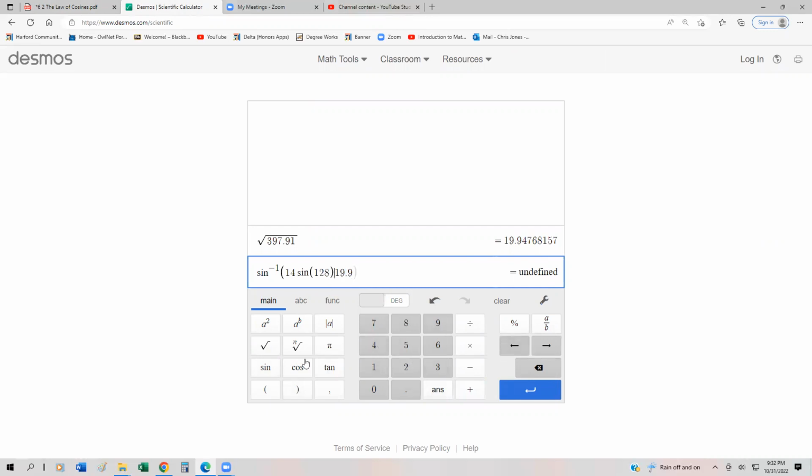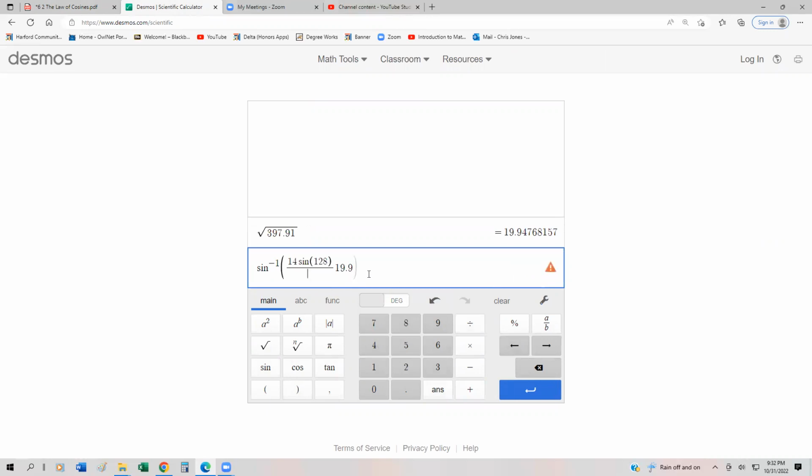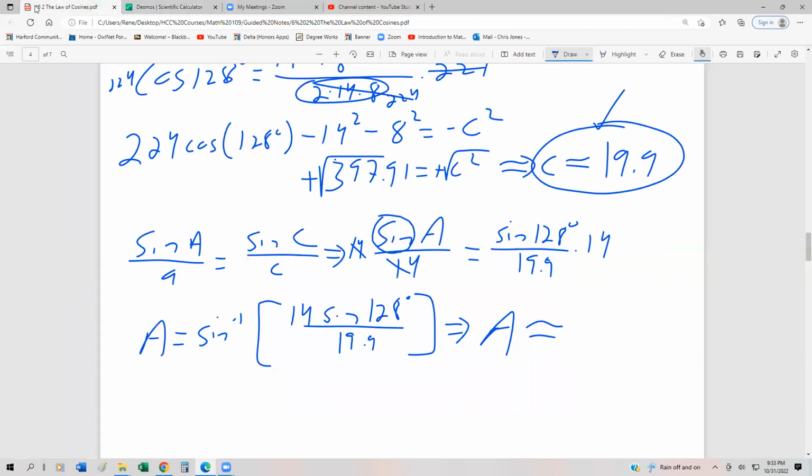That would probably be helpful. All right, and put that in the denominator. And we get 33.7. Okay, so that's going to be 33.7 degrees.